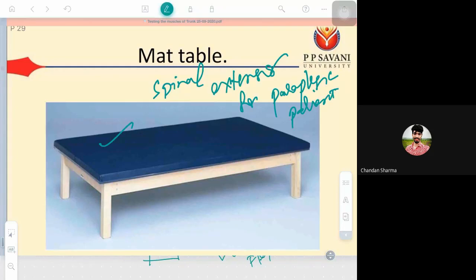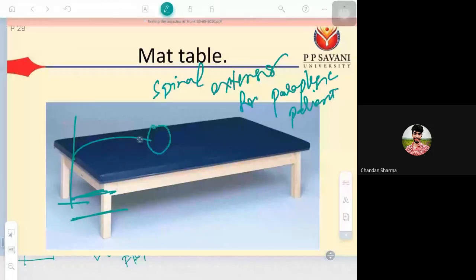So the patient is sitting here. Clear? You can keep the lower limb like this, and so this will be the position of the patient. Clear? And now from this position you ask the patient to extend the spine.